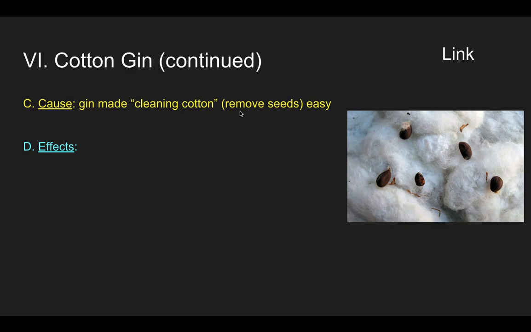So what's the effect? Well, maybe not exactly what Whitney wanted. It increased the demand for land to grow cotton. Because you could now remove the seed from the fluff faster, planters wanted more land to grow more cotton. You can maybe see where the problem lies here.